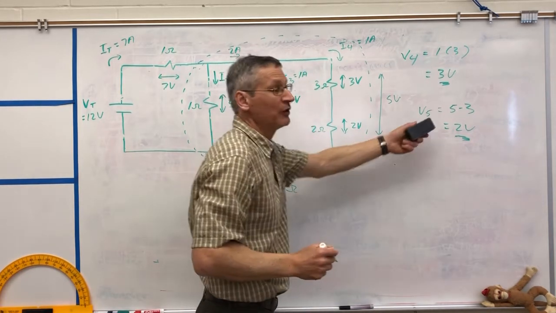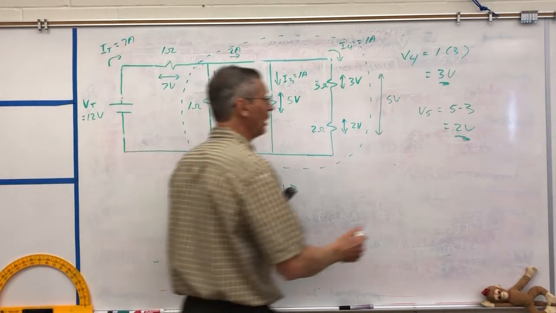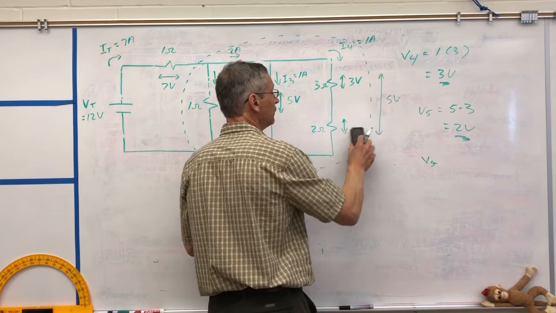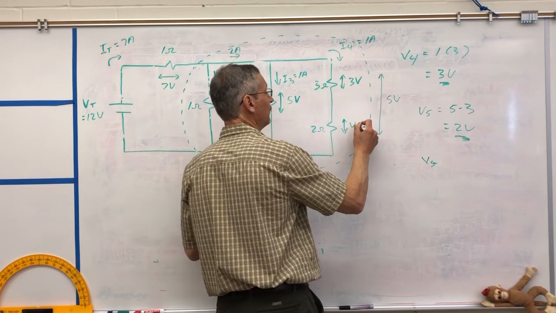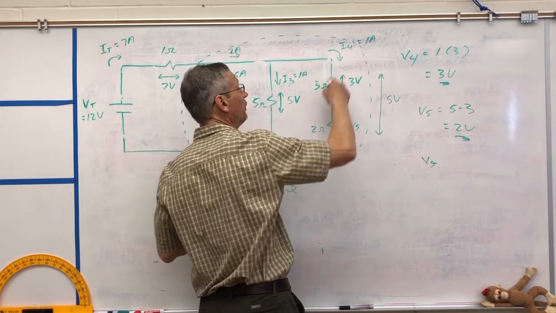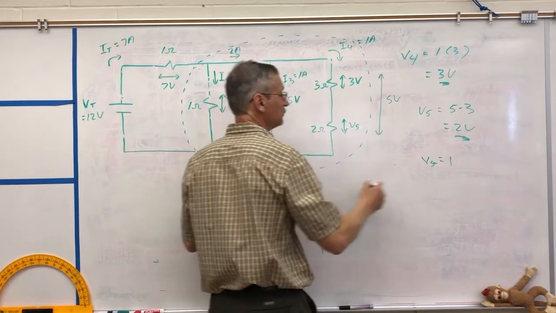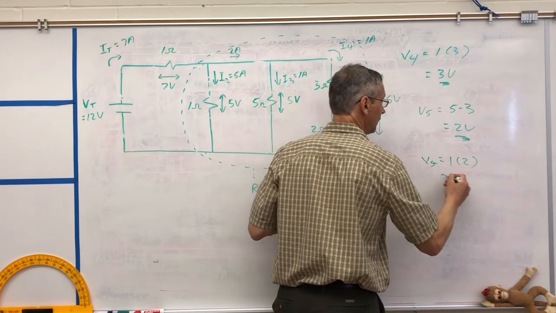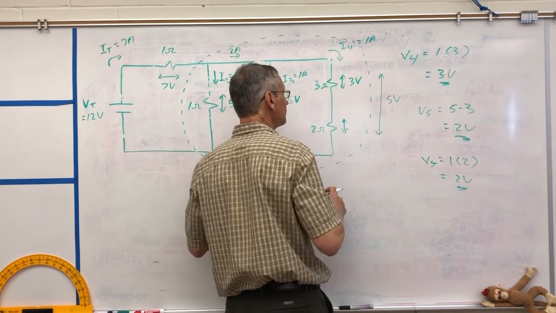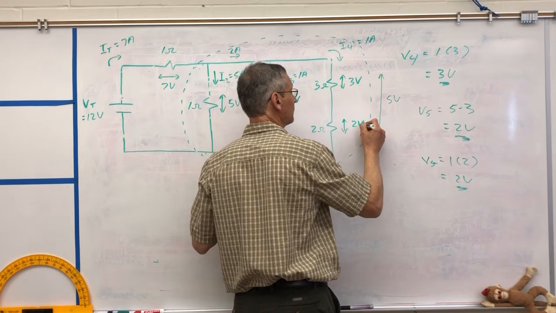Okay. If you like, you could also get V5 using Ohm's law. You could say again, the voltage drop across a resistor, pretend we don't know what that is, is equal to the current through it, which is 1 amp, times the resistance itself. And there is another way to get V5, 2 volts.